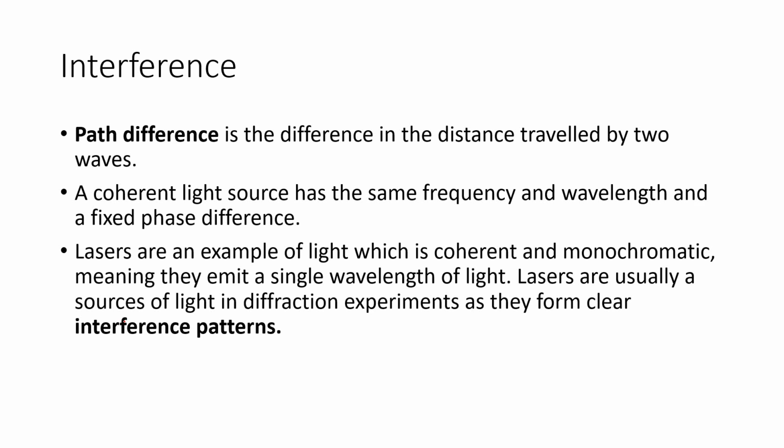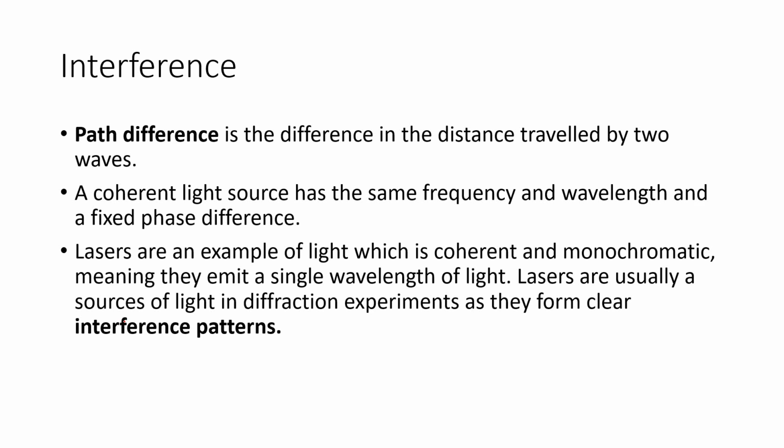In order for us to see interference happening perfectly, you have to use a light source that has a set wavelength and a set frequency, because those things affect interference. If the wavelengths are different, then it will affect the interference pattern.